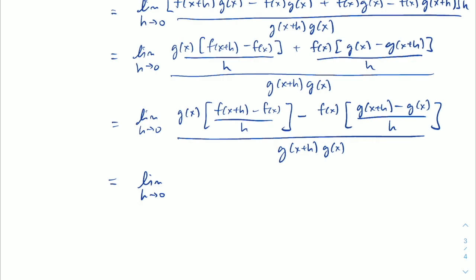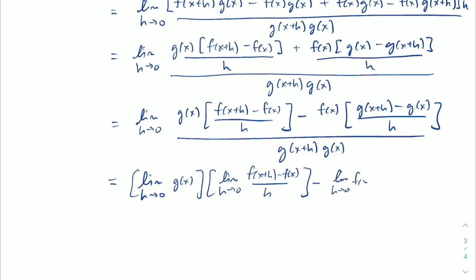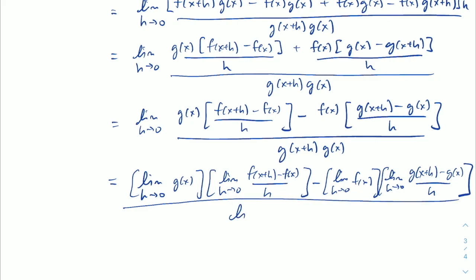So I can write this as limit as h goes to 0 of g of x times limit as h goes to 0 of f of x plus h minus f of x over h, minus limit as h goes to 0 of f of x times limit as h goes to 0 of g of x plus h minus g of x all over h. And then that's going to be over limit as h goes to 0 of g of x plus h and limit as h goes to 0 of g of x.